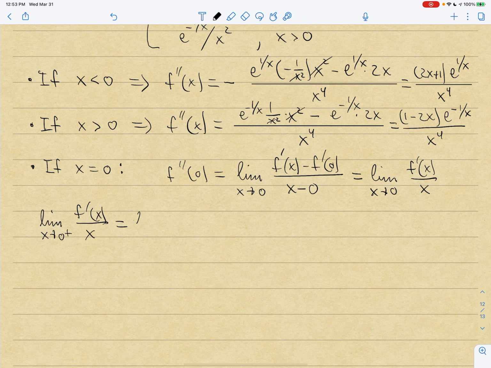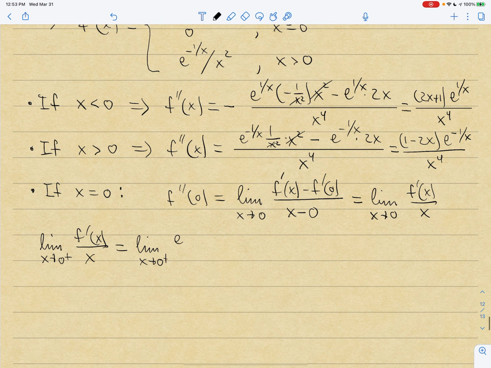So it's the limit as x goes to 0 plus of e to the minus 1 over x squared, and then I'm also dividing by x, so this should be x cubed. And then I can use the same trick as I used before, y equal to 1 over x. And x is equal to 1 over y.